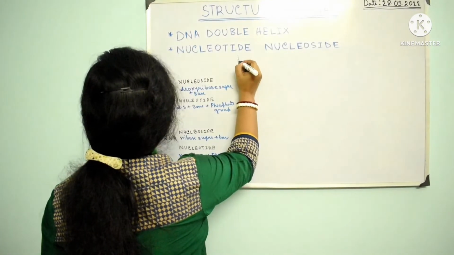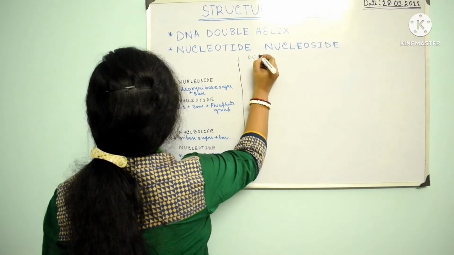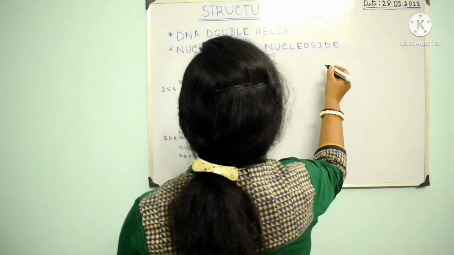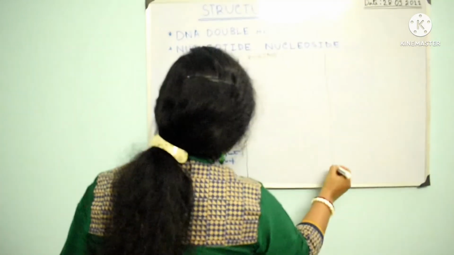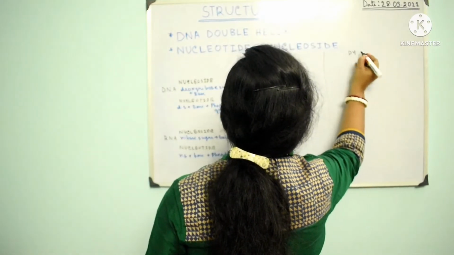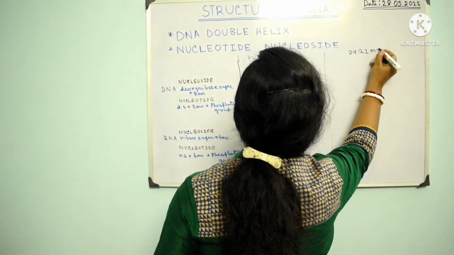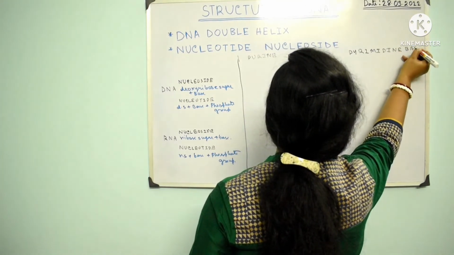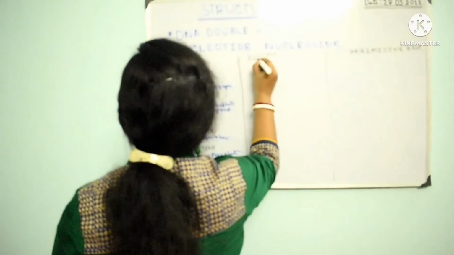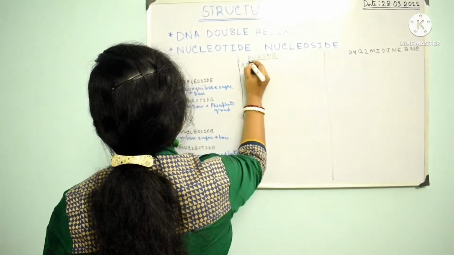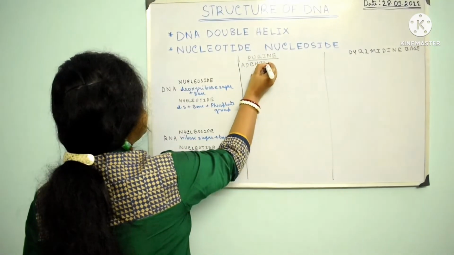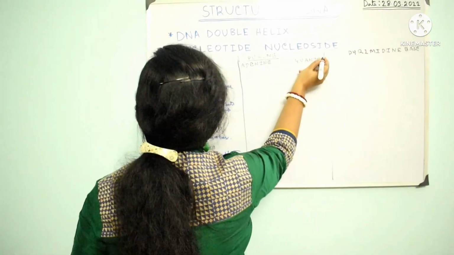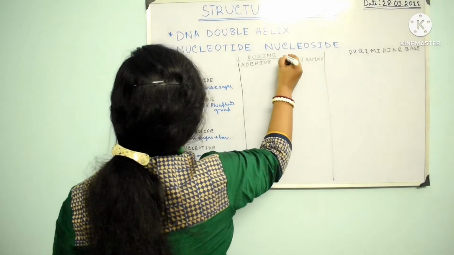Purine base, and here pyrimidine base. Purine means adenine and guanine. And what will be the name?